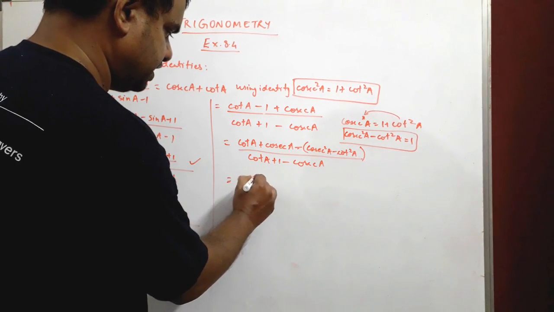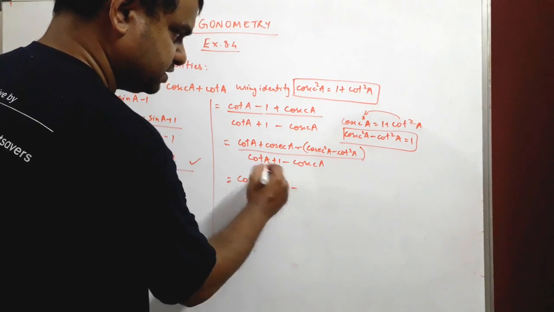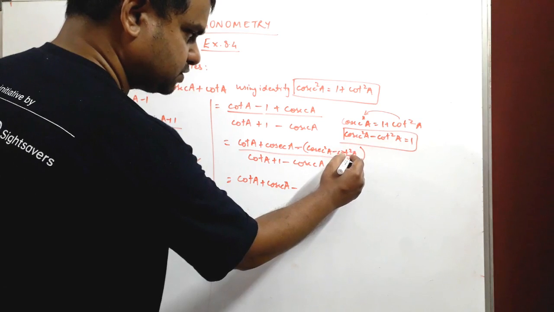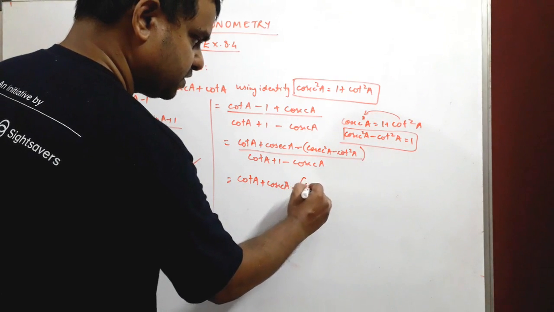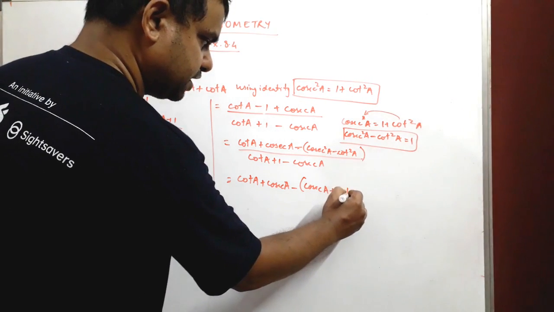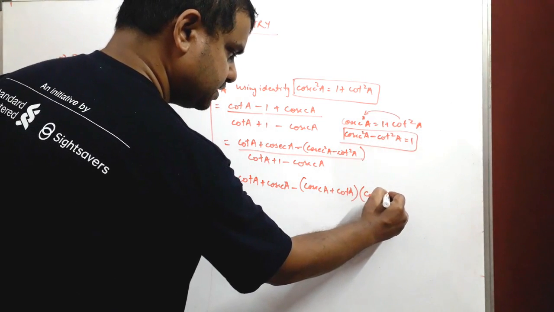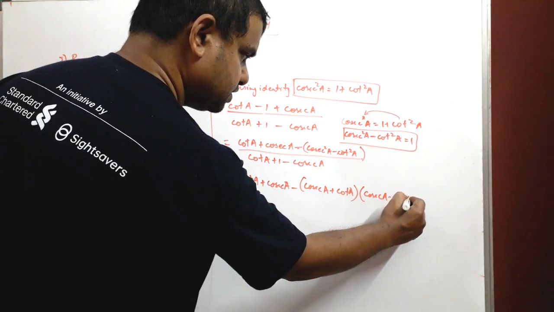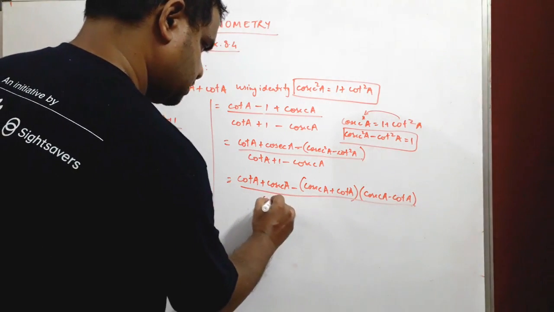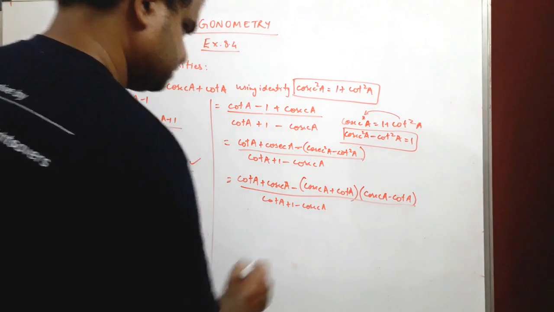So cot A, I'll write it the way it is, cosec A is the same, and in place of cosec square A minus cot square A, I'm going to write (cosec A plus cot A) into (cosec A minus cot A), whole thing upon cot A plus 1 minus cosec A.